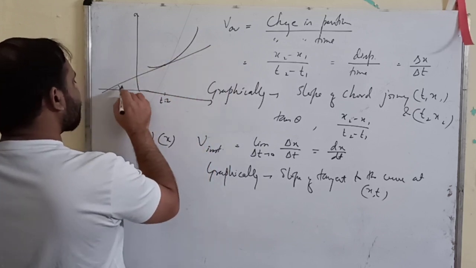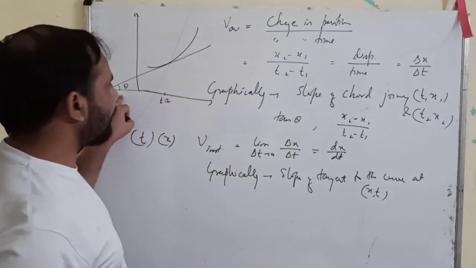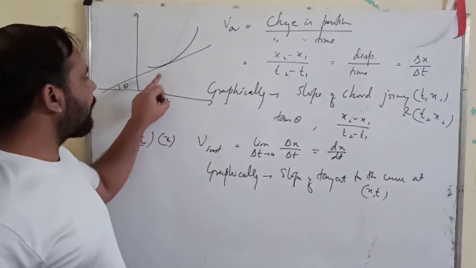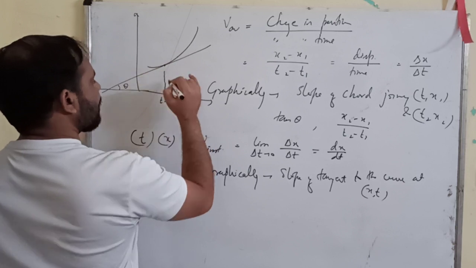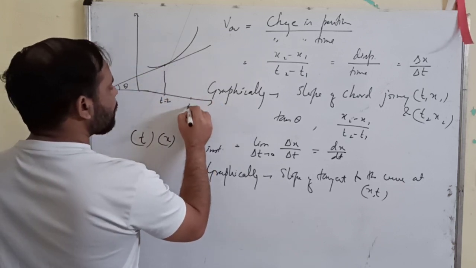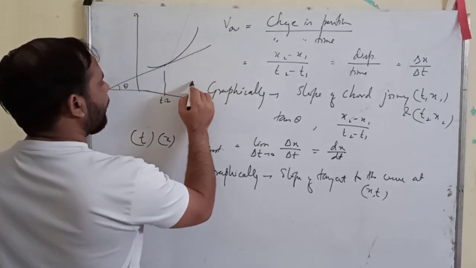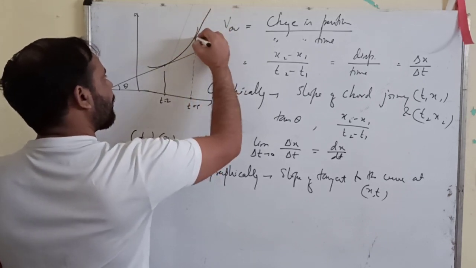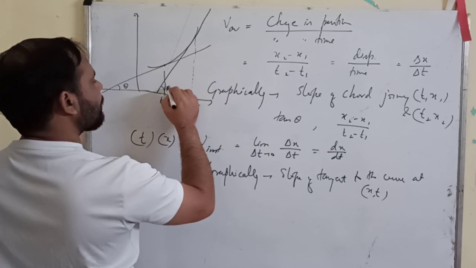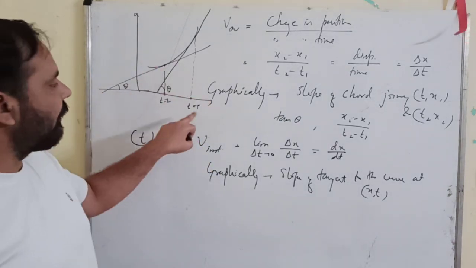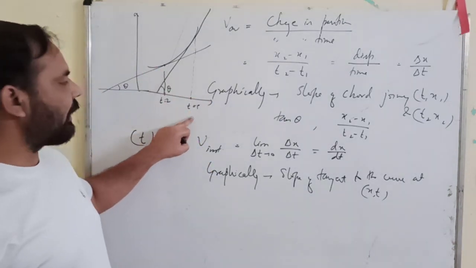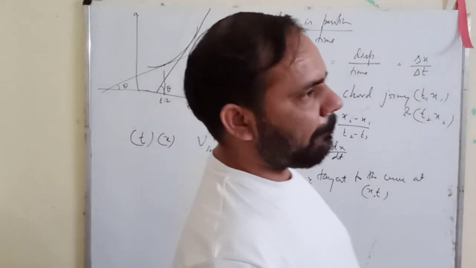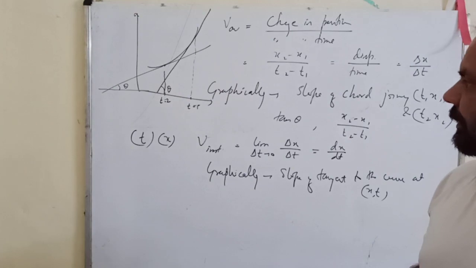Observe this angle, find the tangent of that angle, and that will be your instantaneous velocity at t equals 2. Suppose I ask you to find it at t equals 5, then you draw the perpendicular here, draw the tangent at this point, and find the tangent of this angle. That will be your instantaneous velocity at t equals 5. We discussed this yesterday only.